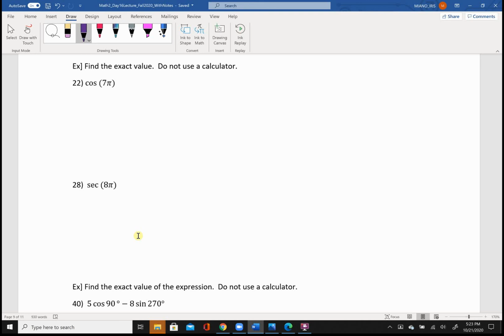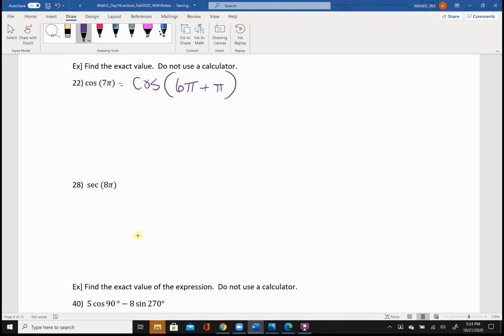Well, notice that 7 pi can be rewritten as some multiple of 2 pi. So if I want to separate a multiple of 2 pi, what's the largest even multiple of pi? Well, that would be 6 pi, right? And I could separate that out, and what's inside the argument of this cosine is still equivalent to 7 pi, right?